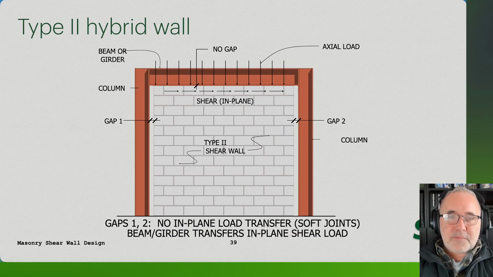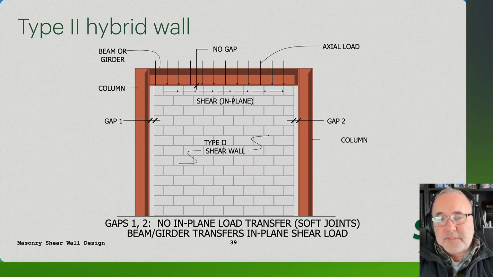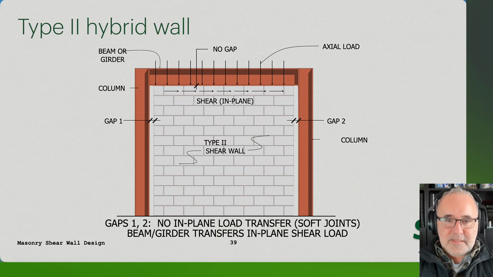If you get into a type 2 hybrid design, that's where the steel is actually sitting on the masonry wall, because maybe we put the steel in there first, but we build the masonry tight to the underside of the steel element. So that allows it to be a load-bearing masonry shear wall, which can again be more effective in the overall design.